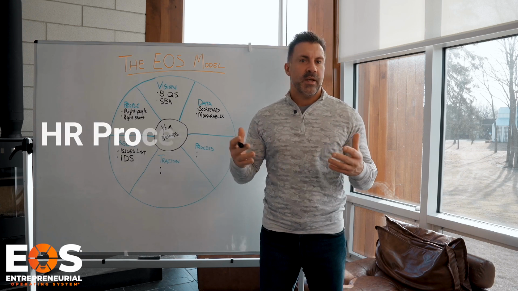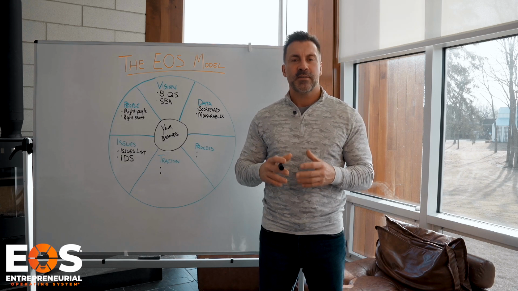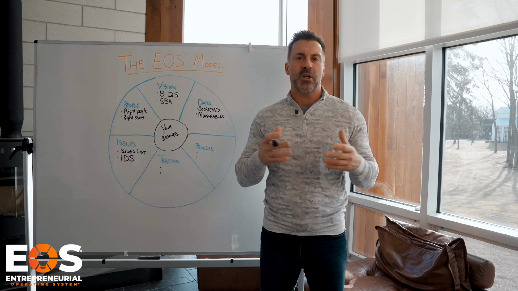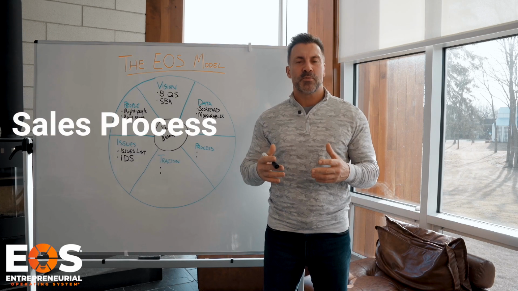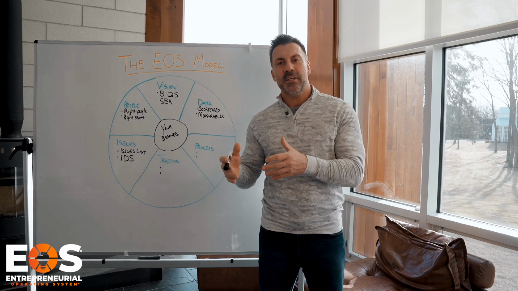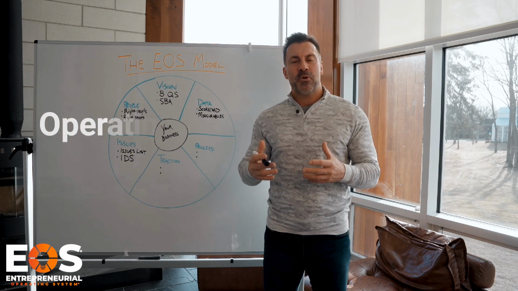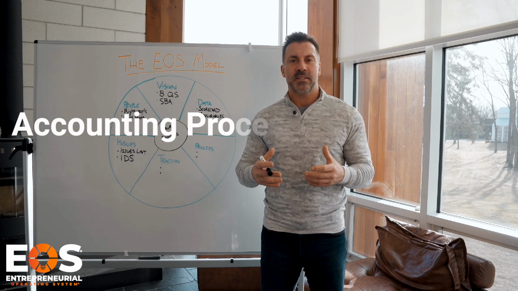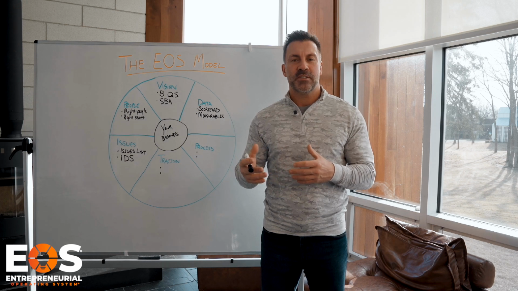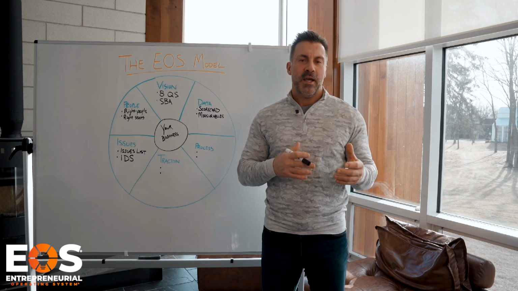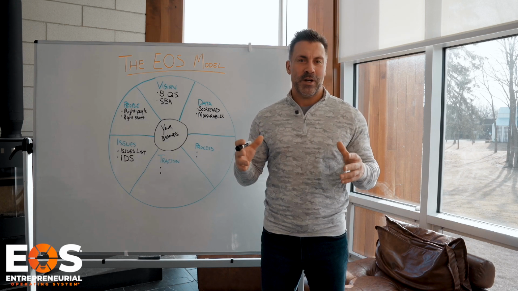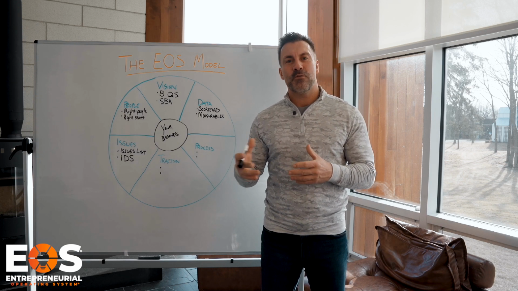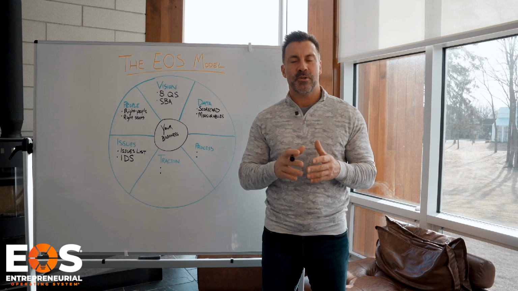These include an HR process, how you attract and manage people; a marketing process, how you generate leads and bring awareness to the marketplace; a sales process, how you convert leads into customers; an operating process, how you build a product or deliver a service; an accounting process, how you manage expenses, cash flow, P&L, APs, ARs, all the fun financial things; and a customer satisfaction process, how you take care of your customers and ensure long-term success.